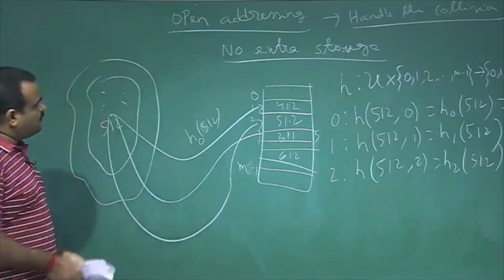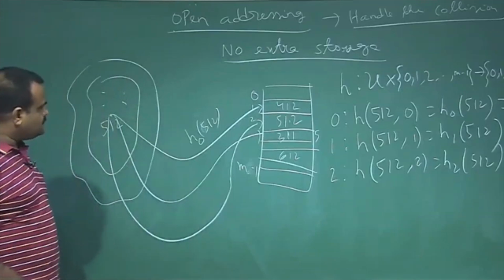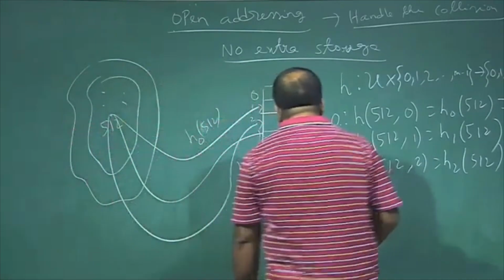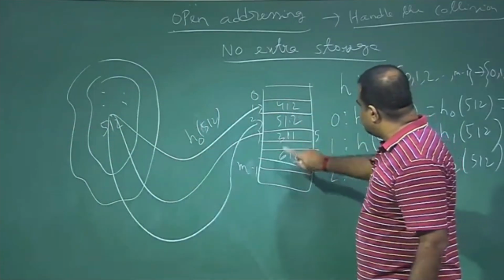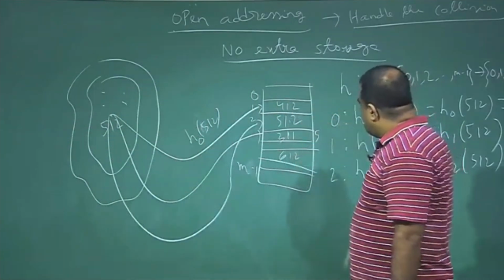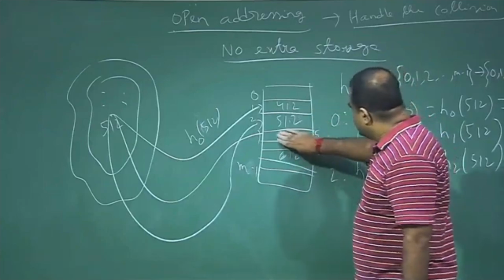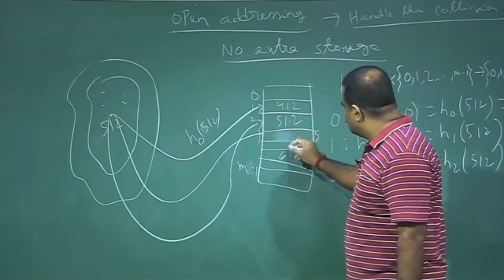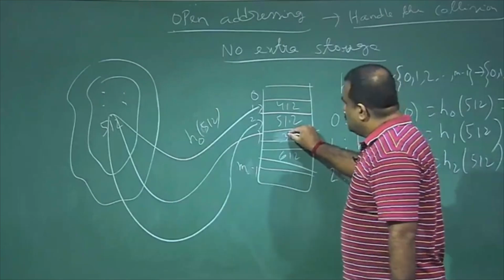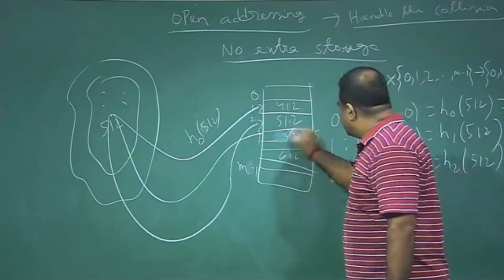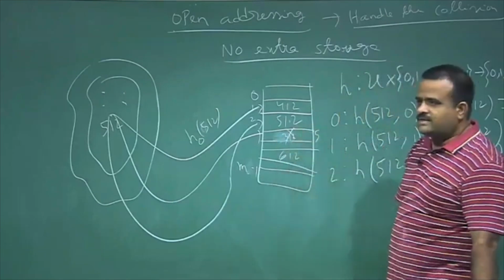Now deletion is a problem with this. Suppose the first probe hits here, and the next probe hits here. Suppose we deleted this key, 312 or something, and made the slot empty.